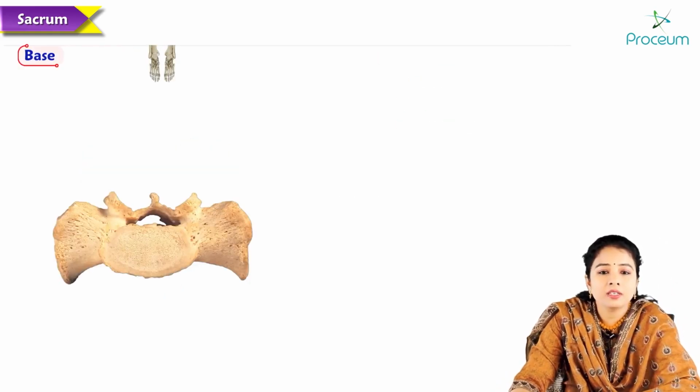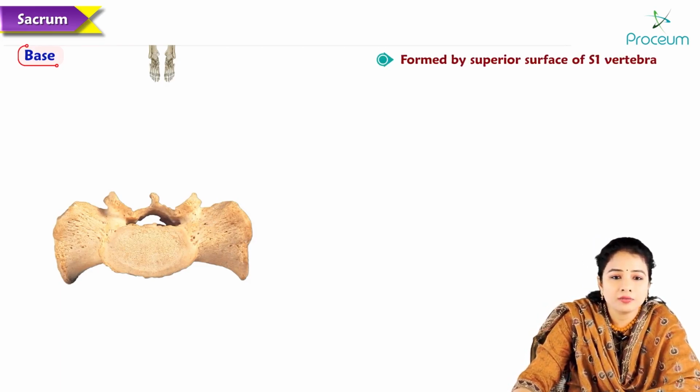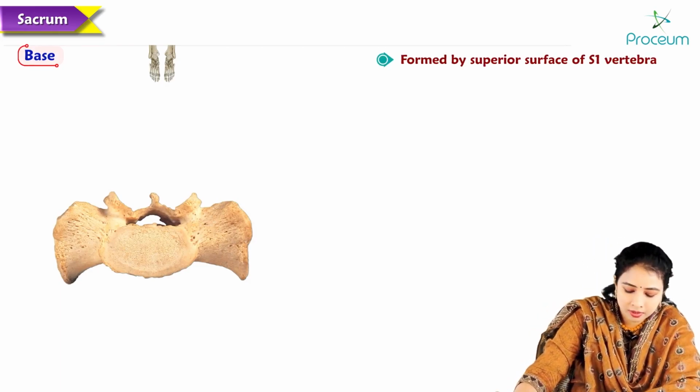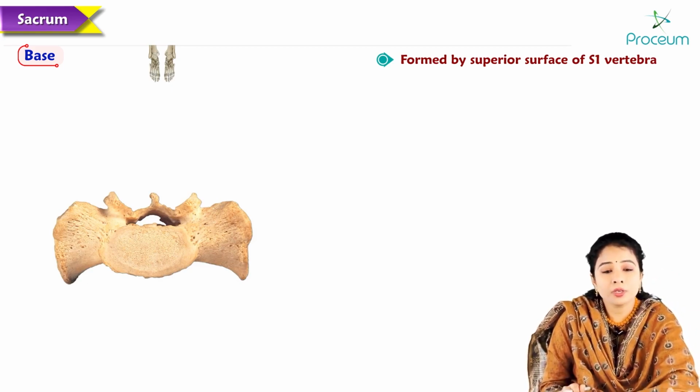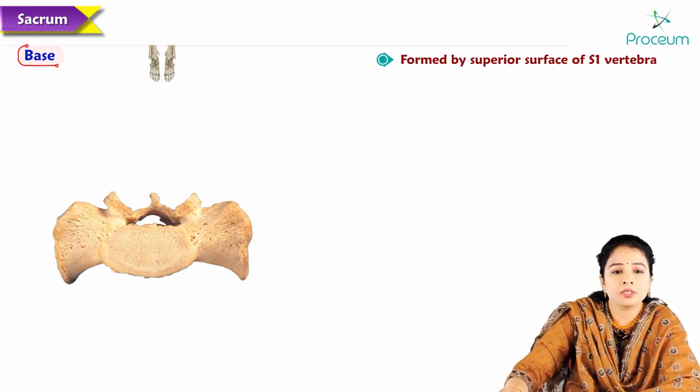The base of the sacrum is formed by the superior surface of the first sacral vertebra. What you are seeing in this image is the base, which is the superior surface of the first sacral vertebra.